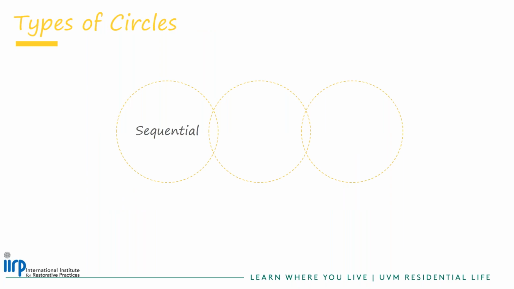When we think about circles, we think about three types of circles, one of which is sequential. As part of this webinar, there's also a handout where we provided you with some sample meeting agendas and circle scripts that we provide our RAs for different points in the year. Within those circles, there are often sequential questions. These are specific questions that are asked in a specific order.